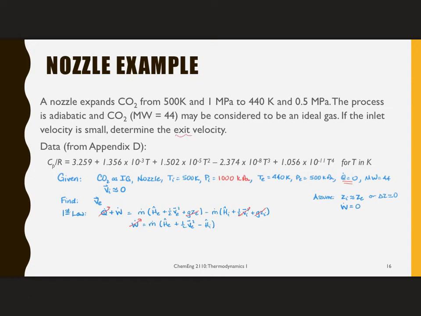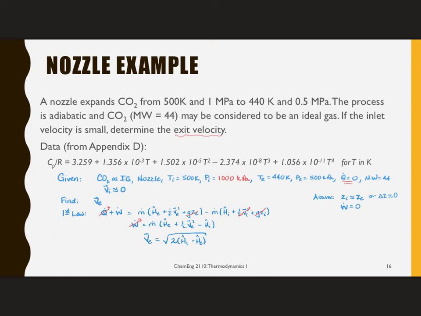And I'm trying to find the exit velocity. So let's write it in terms of velocity. If you do the algebra properly, you find that the velocity is the square root of 2 times the specific inlet enthalpy minus the specific outlet enthalpy.